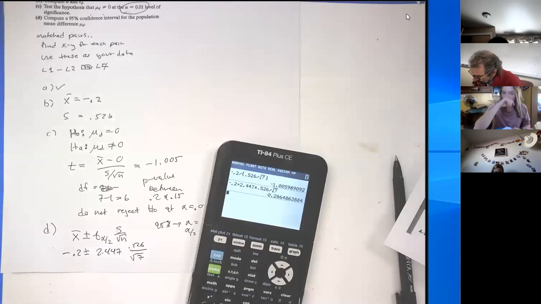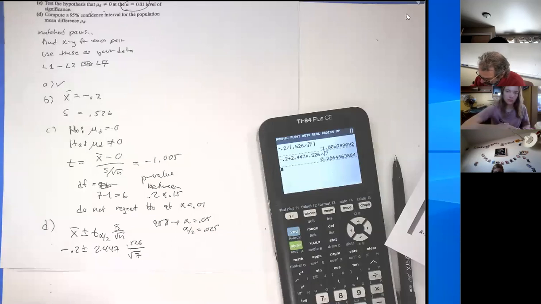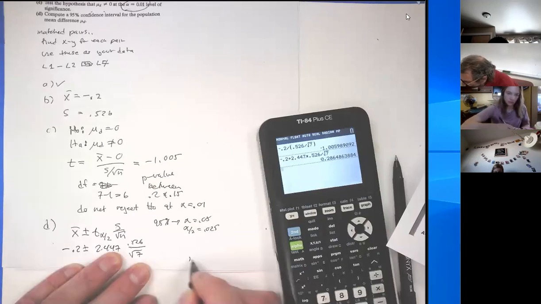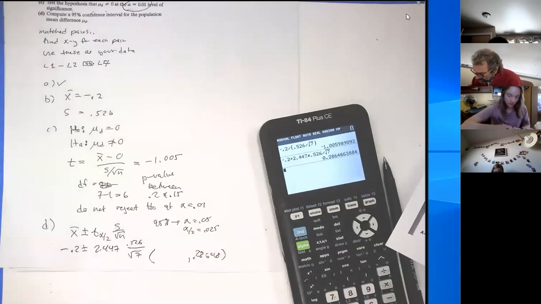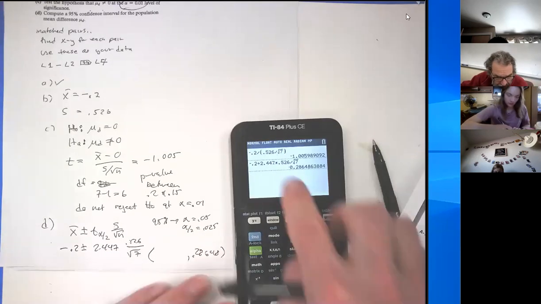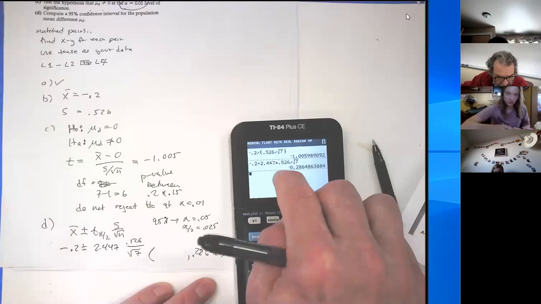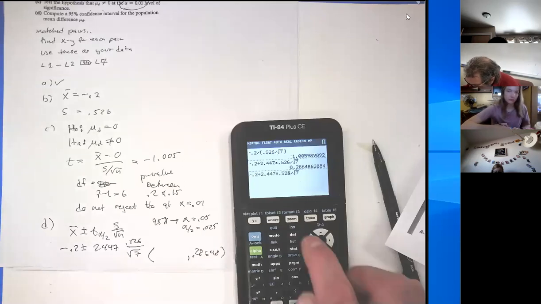So that's the top end, 0.286. So that was the plus. Then I'll do the subtraction once: second, enter, type it again, and make that a minus sign.